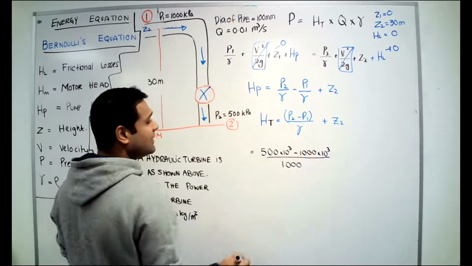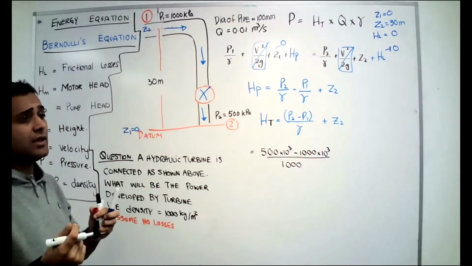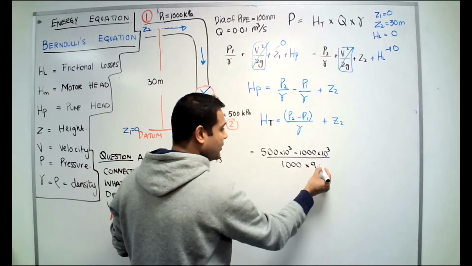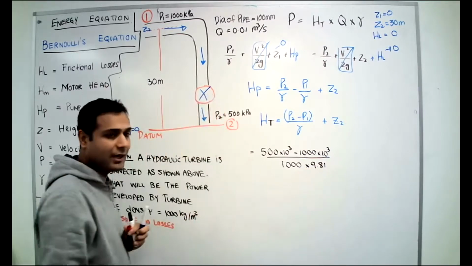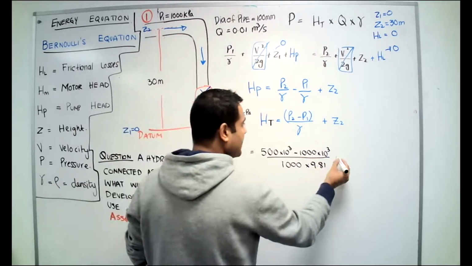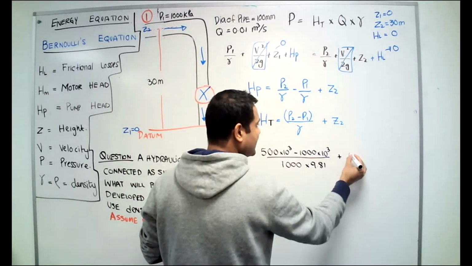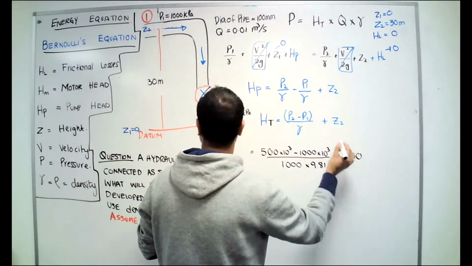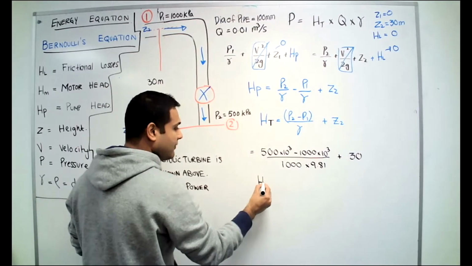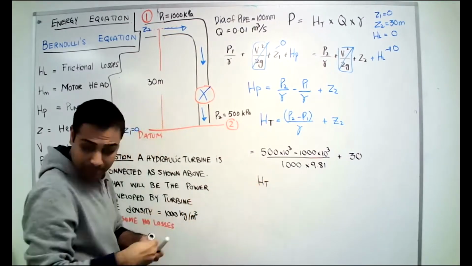The density is given. Now we have to convert that density into the force, so we need to multiply that by the 9.81 gravity factor, or 9.8, it doesn't matter. Plus this is 30, the distance from here all the way to there. That will give us the HT value.